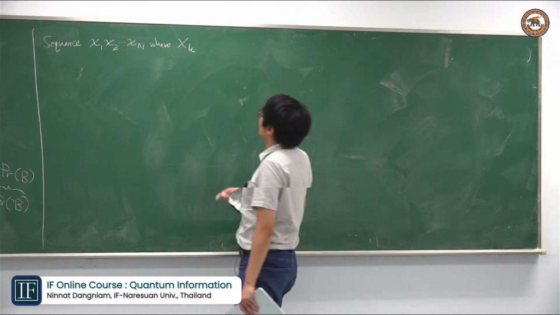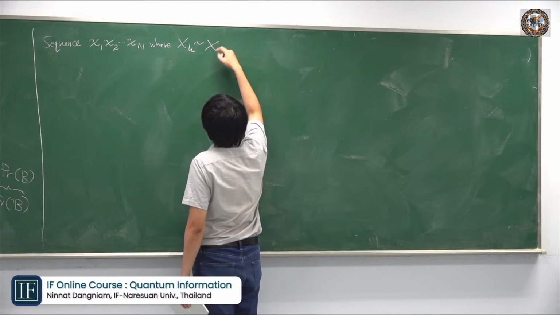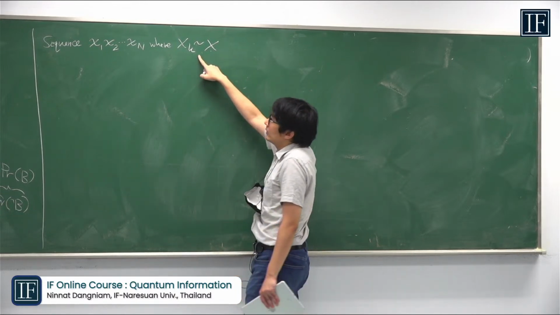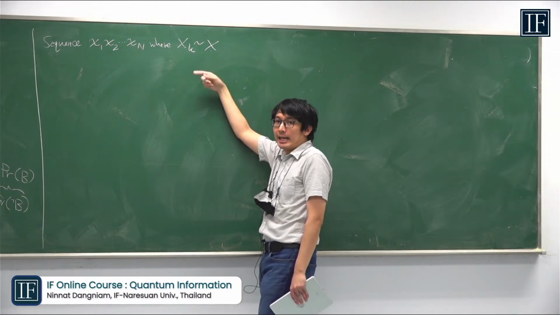If this has D values, then this is a dit. So I say that all of them are an IID sequence.